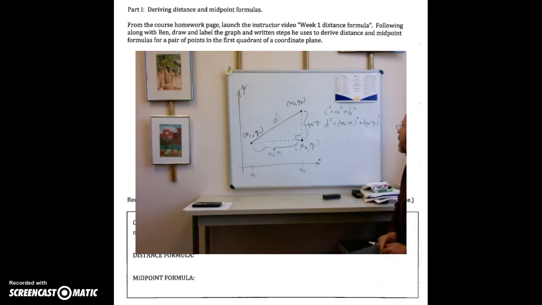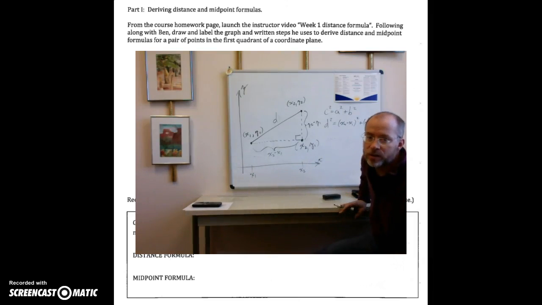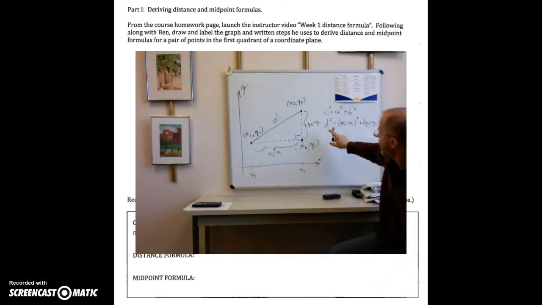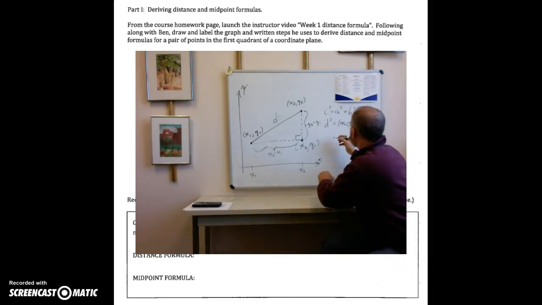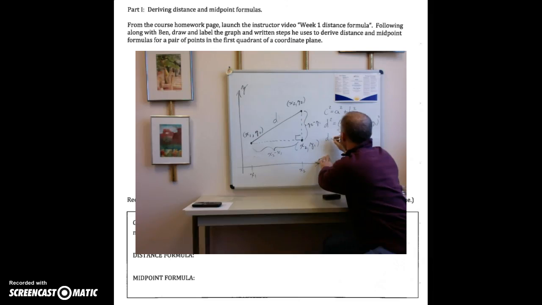And I'm almost all the way to a distance formula here. I just want to solve for d. I've got d squared here, so I'd like to take a square root of both sides.